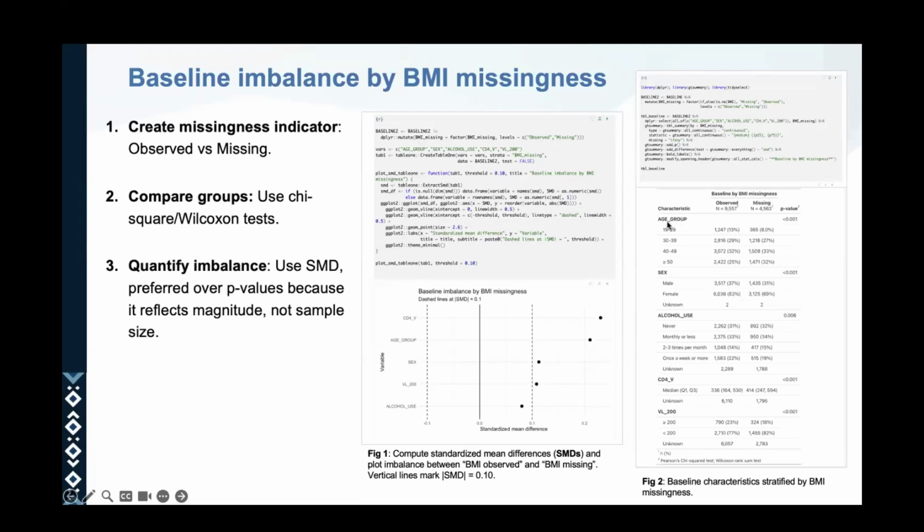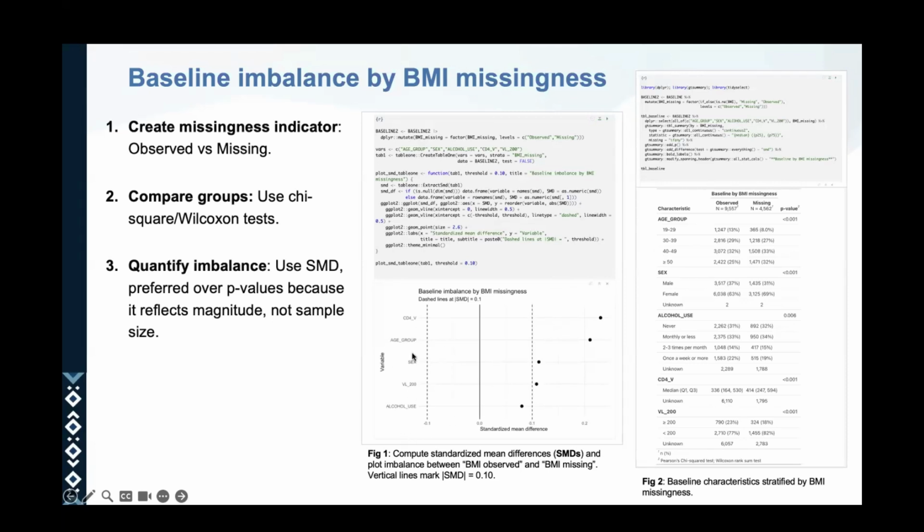For each variable, like age, we can calculate the mean age in the two categories, those who have BMI and those who are missing BMI. We standardize it by the variance so that we have one single unit, and we repeat that for the other variables. Then we compare where that stands on a certain scale.